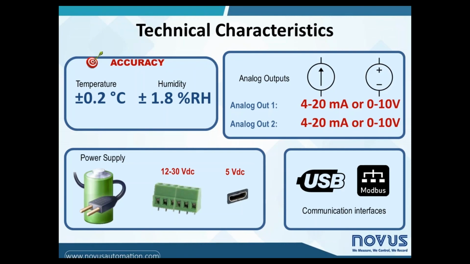During configuration or commissioning, the device can be powered by the USB port. So in the configuration stage, you just plug it in the USB port, and the device is powered and can be configured. This USB port is used for configuration, commissioning, or diagnosis. The RS485 interface is typically used for monitoring.